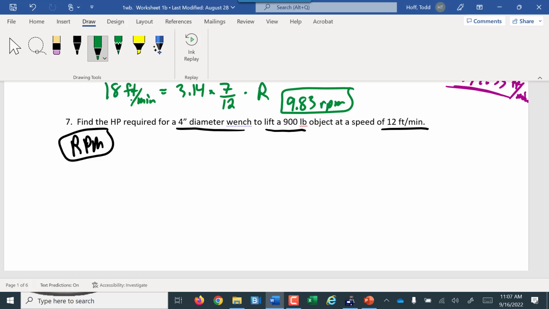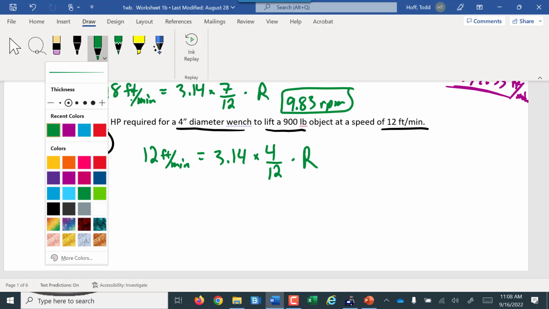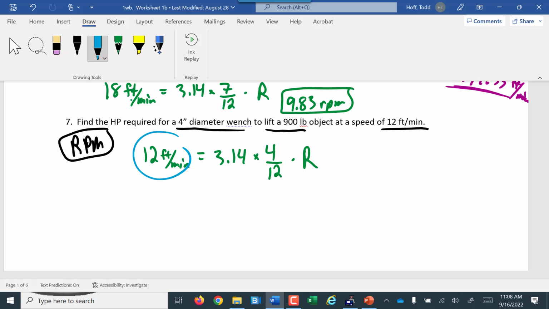So we have 12 feet per minute equals our pi, 3.14, times our diameter of 4 over 12 to make it into feet, times our required RPM. So we'll solve that by doing 12 divided by 3.14 and then divided by 4/12.